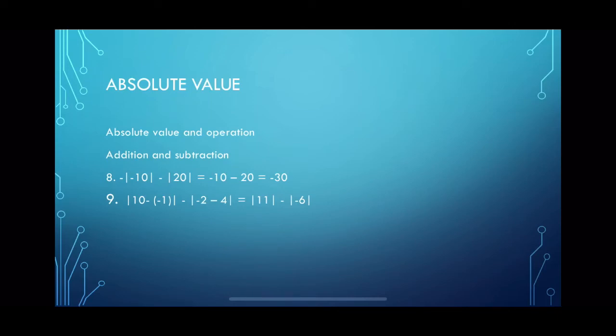So therefore we will have the absolute value of 11. And then for negative 2 minus 4, since same sign, so it will become negative 6. So the absolute value of 11 is 11, and the absolute value of negative 6 is 6, and then we have the minus sign, so therefore it will become 11 minus 6, which is equal to 5.